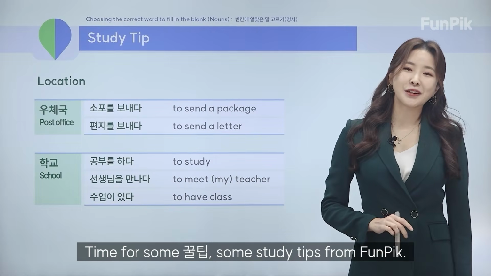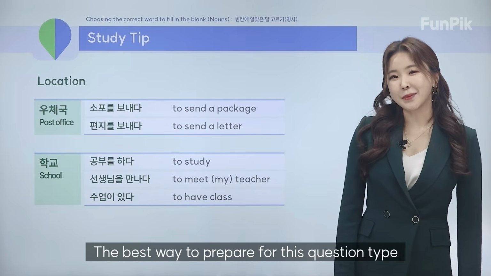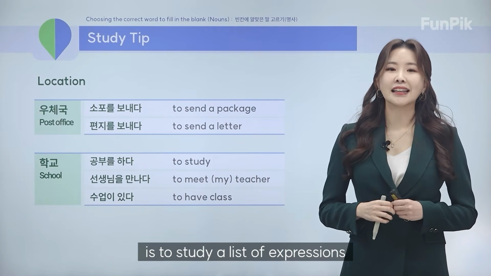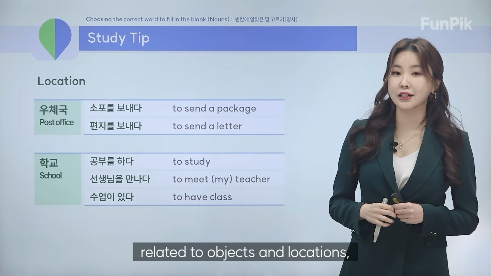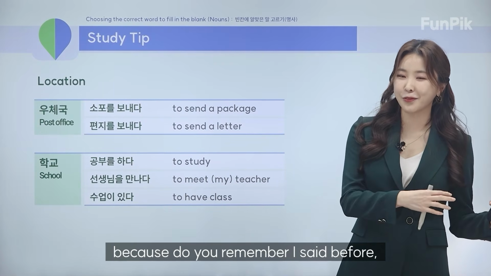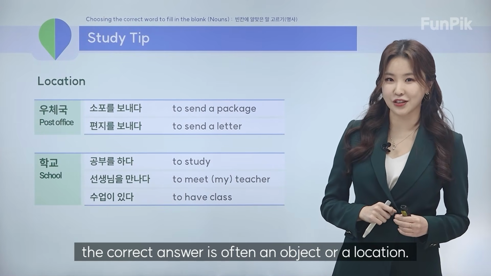Okay, in time now for some 꿀팁, some study tips from FunPik. The best way to prepare for this question type is to study a list of expressions related to objects and locations, because, do you remember I said before, the correct answer often is an object or a location.